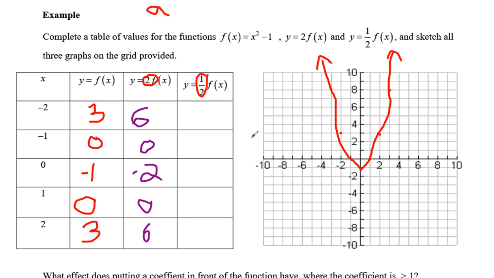So what would this guy look like? Well, negative 2 comma 6 is there. Boom. Oh, we have a name for this. It didn't move. It's invariant. And then at 0, we're at negative 2. Another invariant point right here.